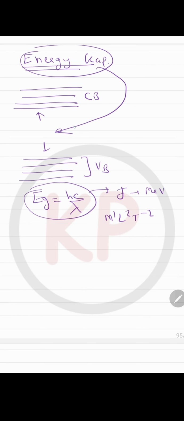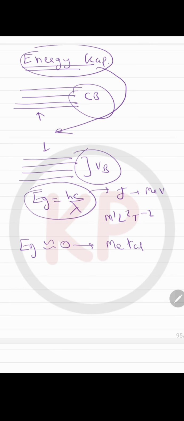If the energy gap is 0, that is, the valence band and conduction band are overlapped, then it is a metal. In case of metals, the conduction and valence bands overlap. If the energy gap is greater than 3 electron volt, then it is an insulator.